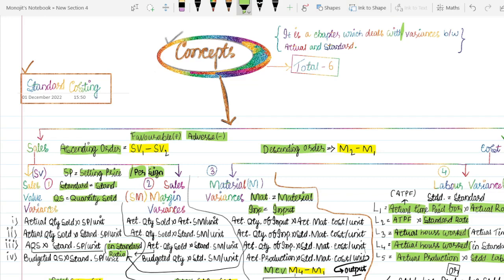Okay, so this is a one sentence definition.